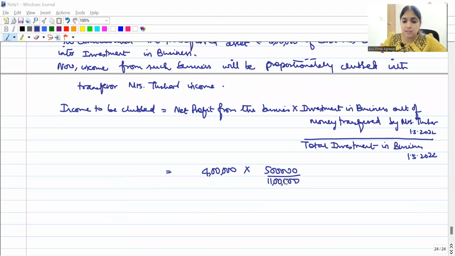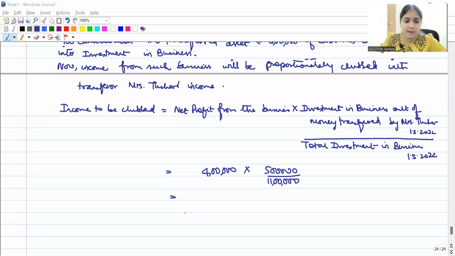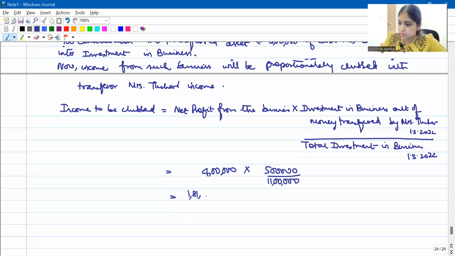So now if you calculate what is the PGBP to be clubbed, you will get 1,81,818. This is the income which you will club. To be clubbed with whose income? To be clubbed with Mrs. Tushar's income. So what about the balance?